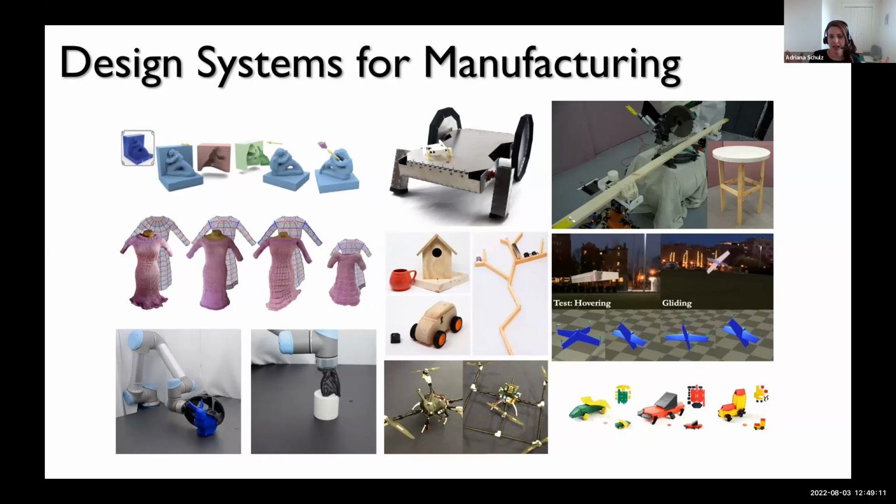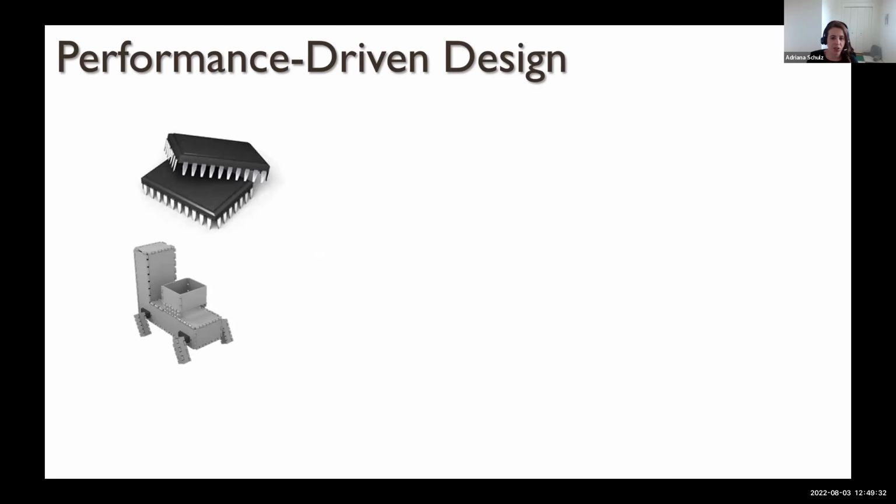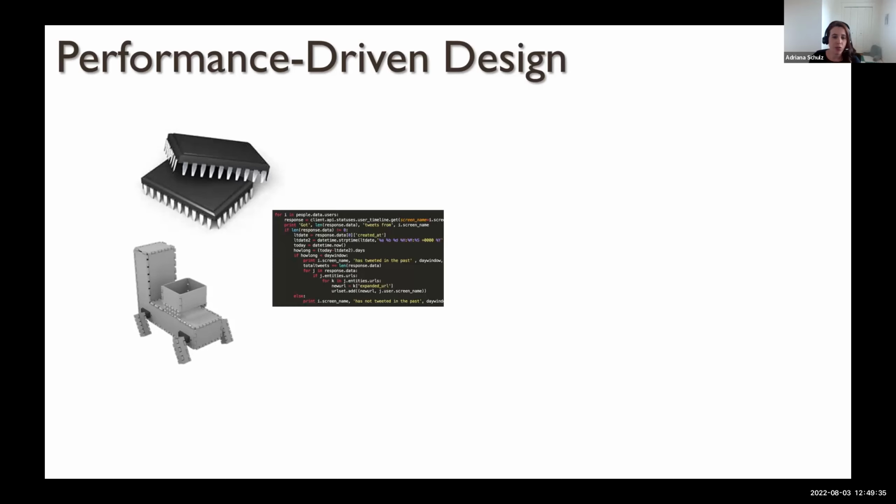But for all of these kinds of design tools, we try to think about it computationally under this abstraction. We think about design as trying to achieve a certain performance goal. So imagine, for example, that you want to design this robot. You need to specify this robot geometry, you need to specify the electronics, you need to specify the control software.